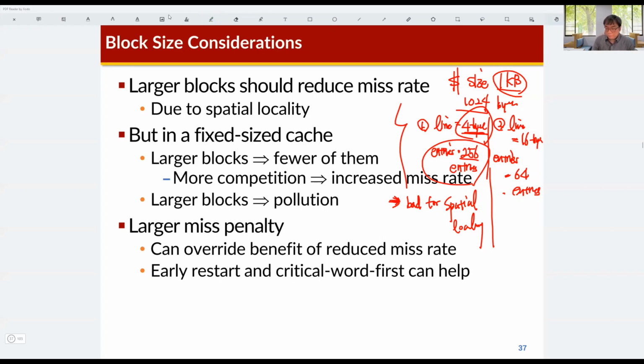What does that mean? When a cache miss happens, the cache requests data equivalent to the size of a single cache block. So if the line size is 4 byte, then only 4 byte of data will be requested to the low level cache.